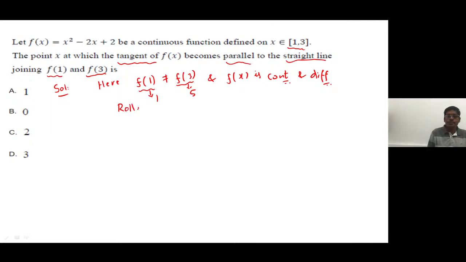So Rolle's theorem cannot be applicable. Therefore, by Lagrange's mean value theorem, I am writing the short form LMVT.